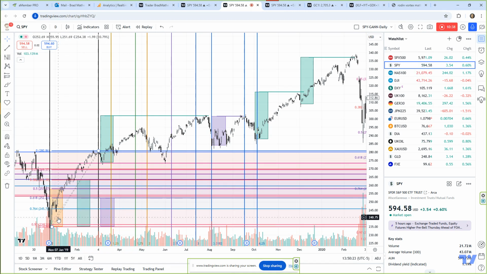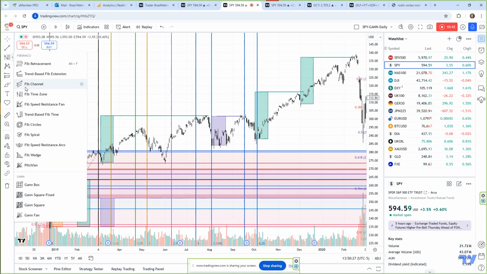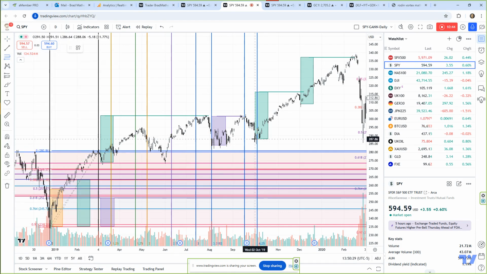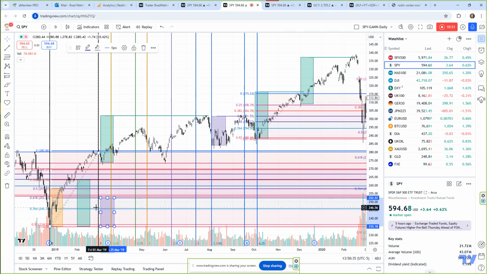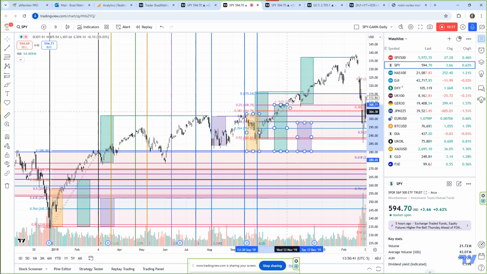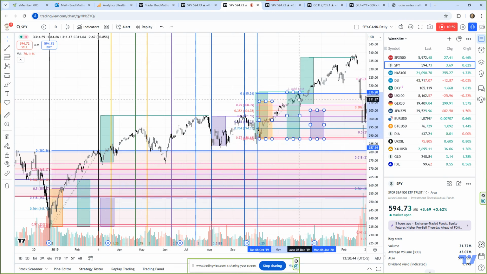And the way we would do that is we would come in with a Fibonacci level like this, rallying up to this level, come back in here, grab these, copy them. By the way, you can do that with control. Come back over here. Now I need to measure them efficiently.